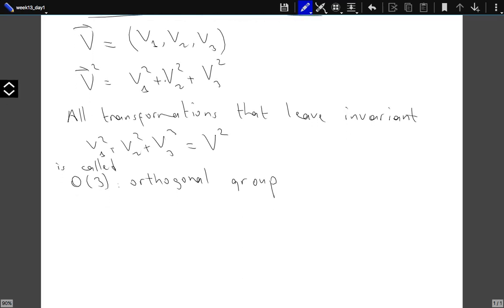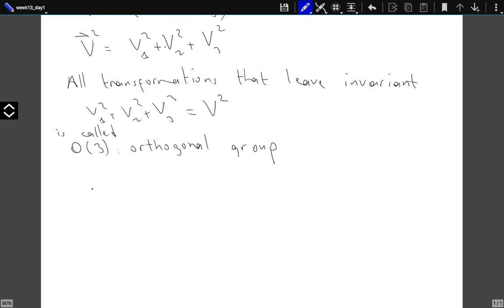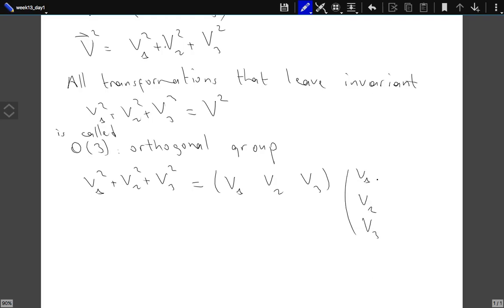Now we can look at these as some kind of matrices. Keep in mind that V1 squared plus V2 squared plus V3 squared we can also write as the row matrix V1, V2, V3 multiplied with the column matrix V1, V2, V3.